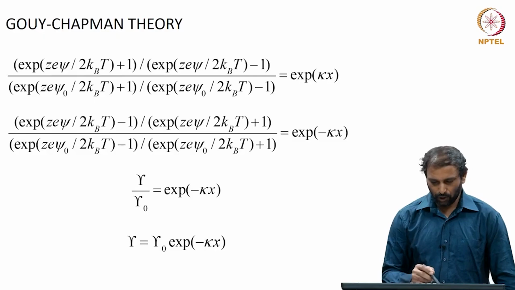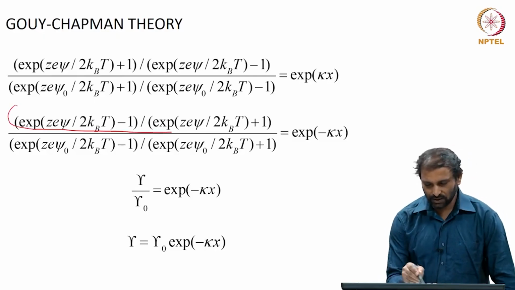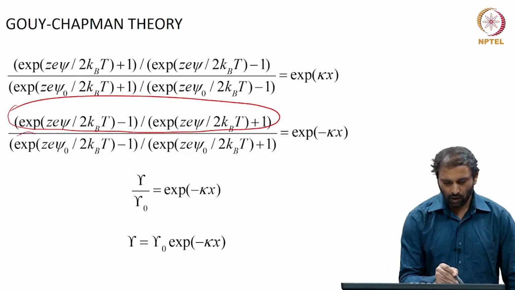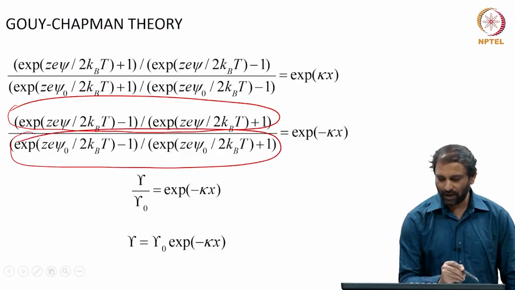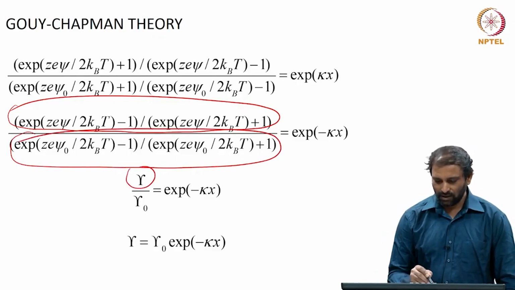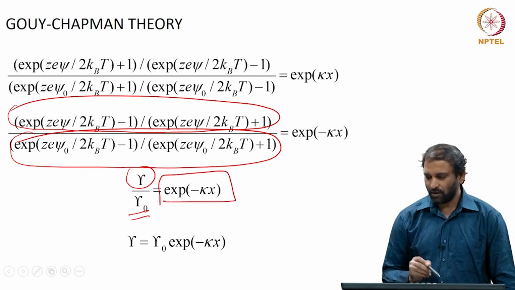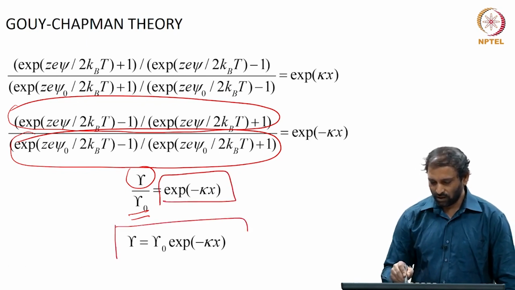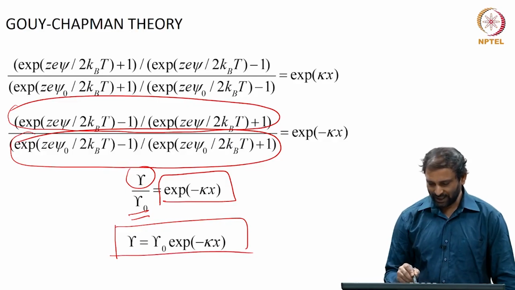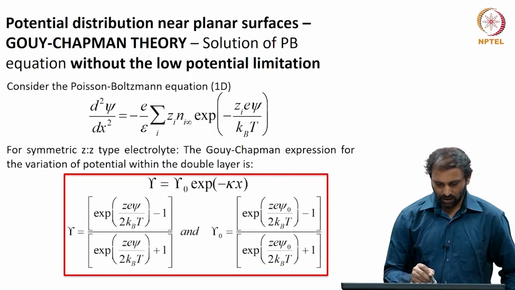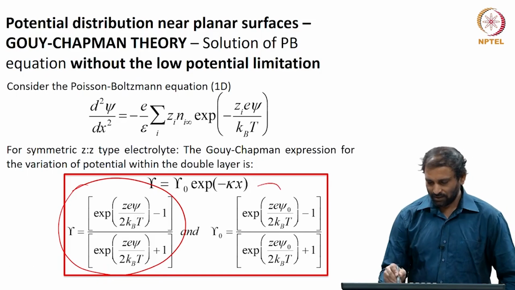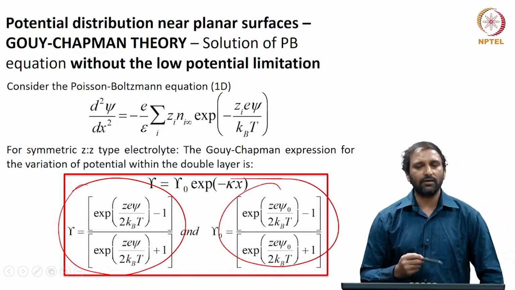I can put together all the psi terms together and all the psi naught terms together. Therefore, gamma divided by gamma naught is exponent of minus kappa x. Therefore, gamma is equal to gamma naught exponent minus kappa x, where gamma and gamma naught are given by these expressions.